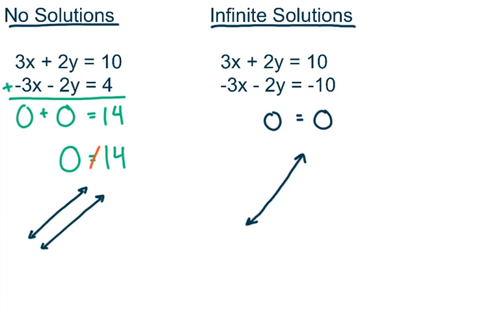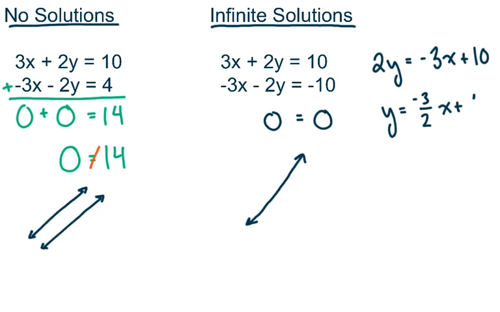What your book will do, and what I would like you to do, is to express this as the line it is. There are two ways to do this. There's either solving for slope-intercept form, which I'm just going to do with this first equation. So then we get 2y equals negative 3x plus 10 by subtracting over the x term. y equals negative 3 over 2 x plus 5.